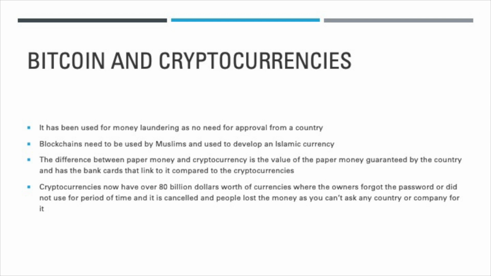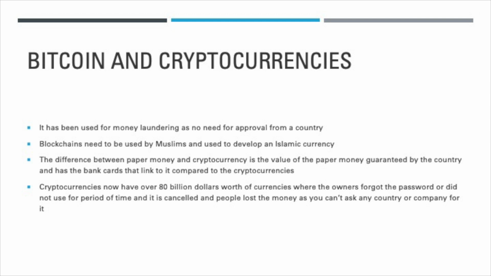The difference between paper money and cryptocurrency is that the value of paper money is guaranteed by the country and has bank cards linked to it, compared to cryptocurrencies. So when you have, for example, $2,000 in your account, you cannot see it. You will have the bank card, and that bank card can use your money in your account.